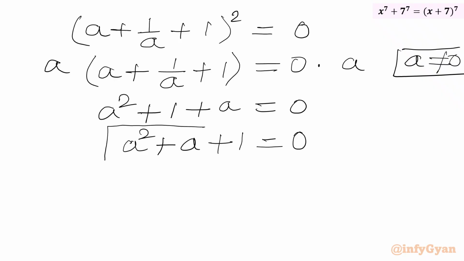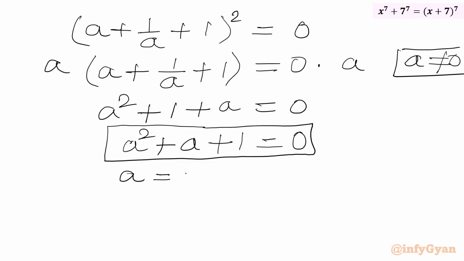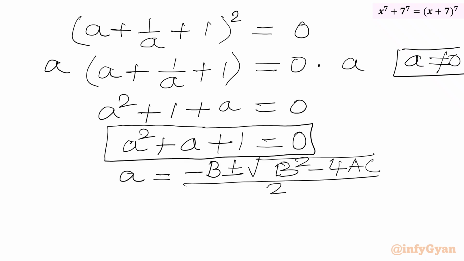Now we have to solve this equation. Let us use the quadratic formula. So I can write a equal to, as per formula, minus b plus minus square root of b^2 minus 4ac over 2a. As per our equation, the coefficient of a^2 is 1, the value of b is again 1, and c is also 1.